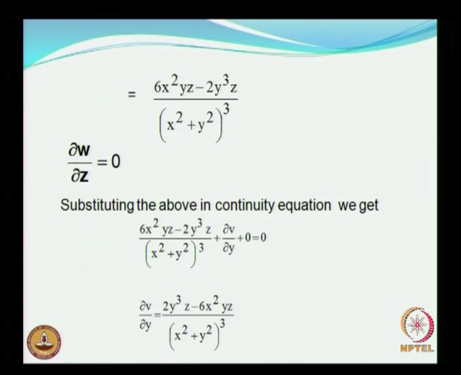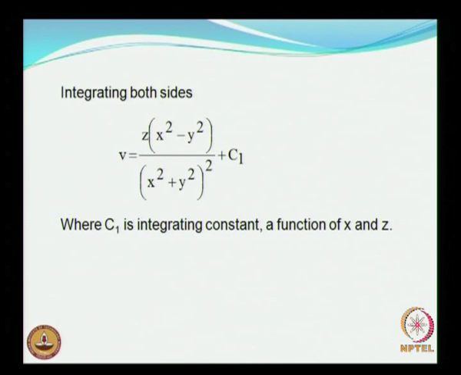And then substituting the above, so the two components your derivatives you have found out, then substitute in the integration and then integrate both sides, you will get the velocity in the y direction, where c1 is the constant of integration which is going to be function of z and x.